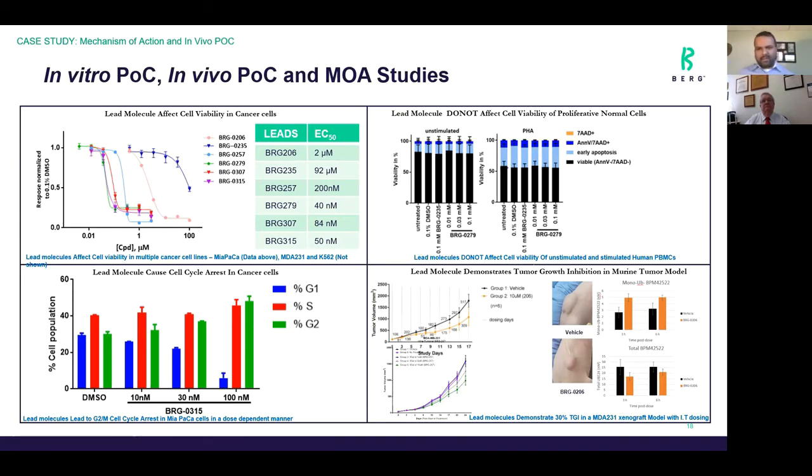And as a preliminary read, when we did a sub-Q injection of one of the lead molecules, 206, in a tumor model, this was MDA-MB-231, we saw some promising initial results in tumor growth inhibition, confirming that these molecules are active.